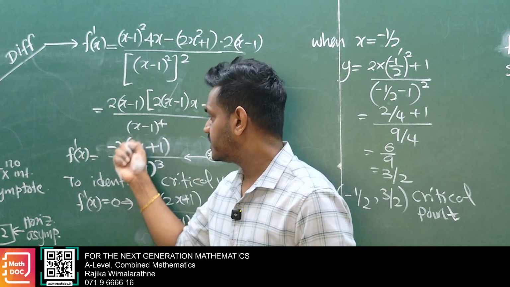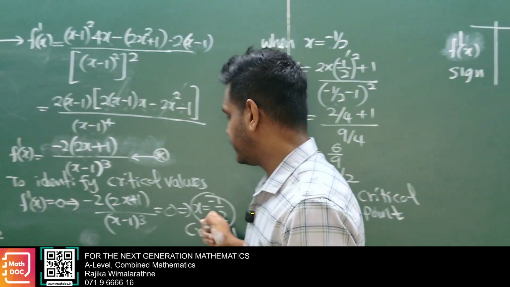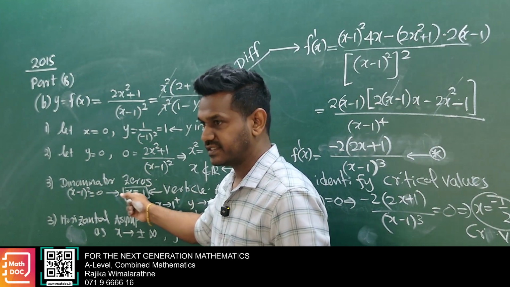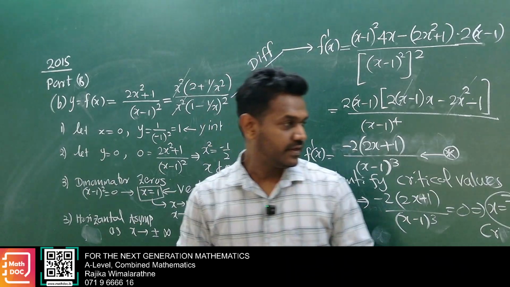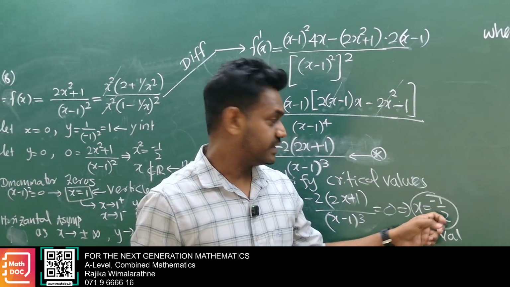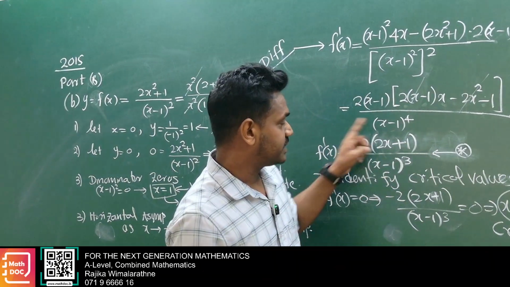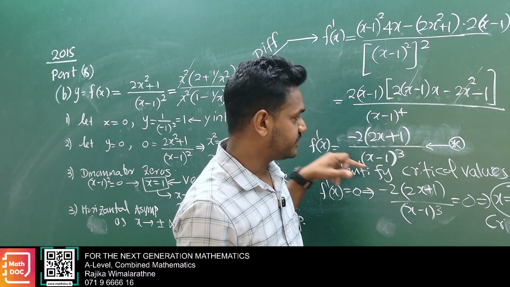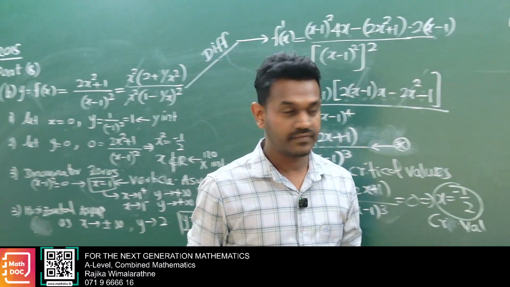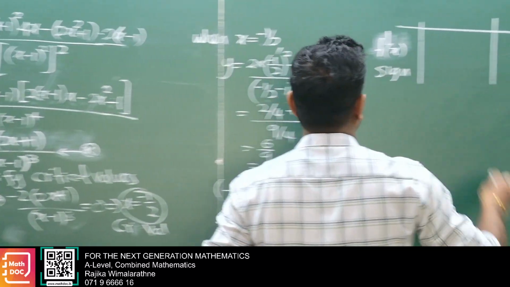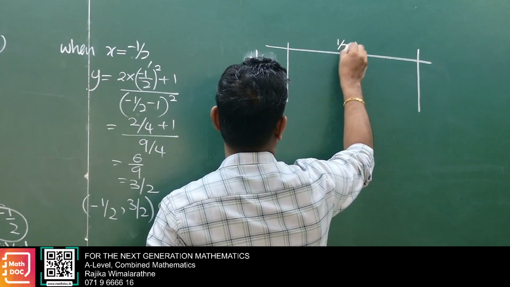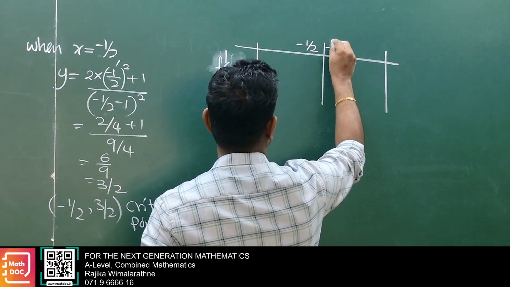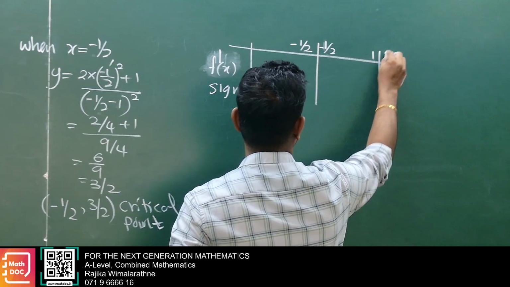Okay, then you take the critical value as well as the vertical asymptote. These two we need to consider, vertical asymptote and critical value, because here this is f dash x, then according with this factor sign can change, according with this factor again sign can change, no? Therefore here take minus half, and here plus 1, 1.